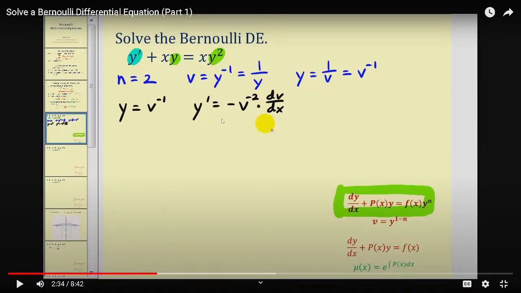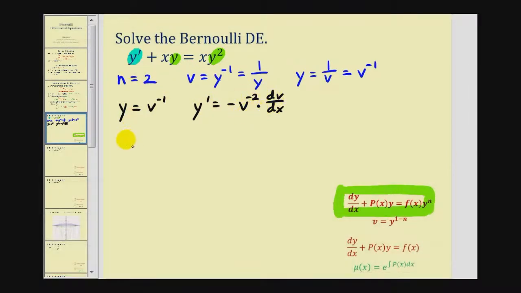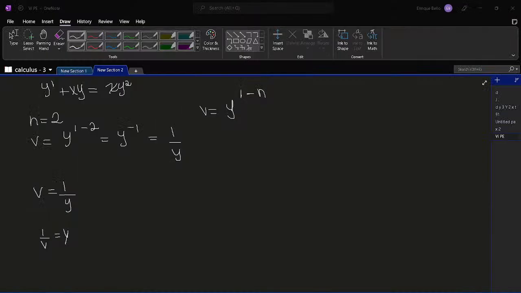So he integrates. Substitution, I don't get it. y prime or dy dx is going to be all of this, v. So let me see.